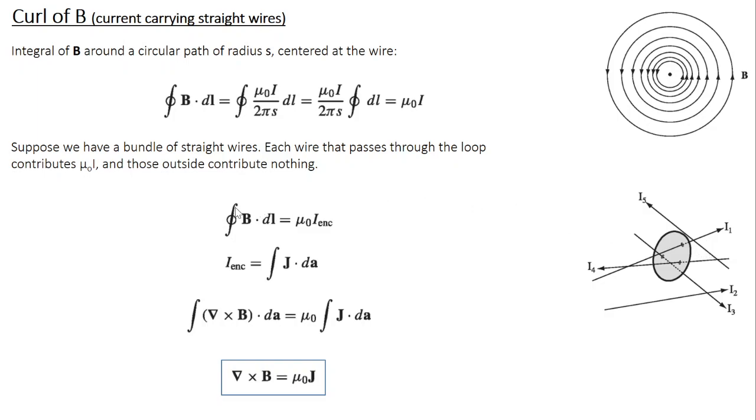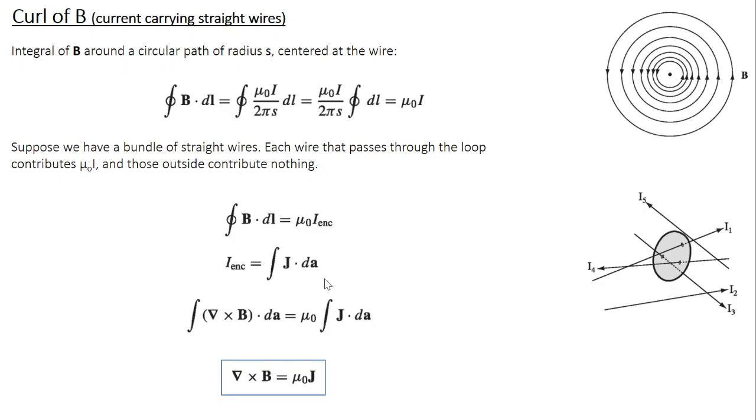So I can write a line integral of B dot dl is nothing but mu naught times I enclosed, where I enclosed is the total current enclosed by this loop. So in this particular case, I enclosed is nothing but I4 plus I3 plus I1. Since I5 and I2 are outside of the loop, they do not contribute to this integral.